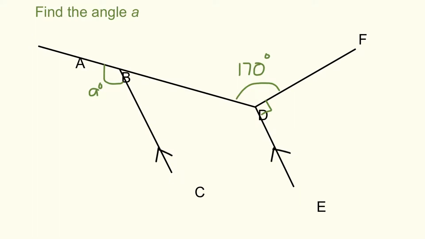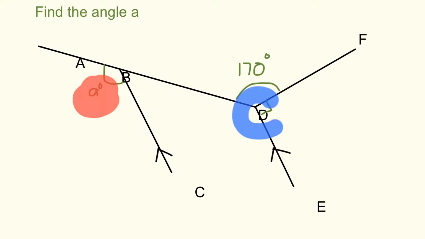Right, so how did we go? Well, we need to find this angle over here. That's angle A. But unfortunately we don't know what that angle is because we've been given no information. We know that that is 180 degrees because it is a straight line, but we don't know what that is, and we don't know what that is, so we have a little bit of a problem.